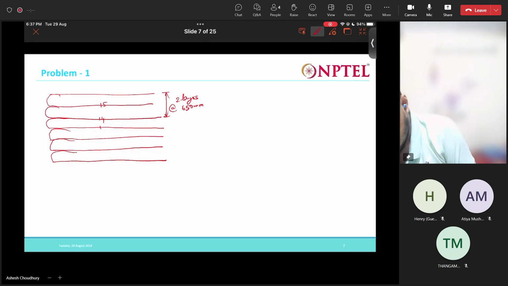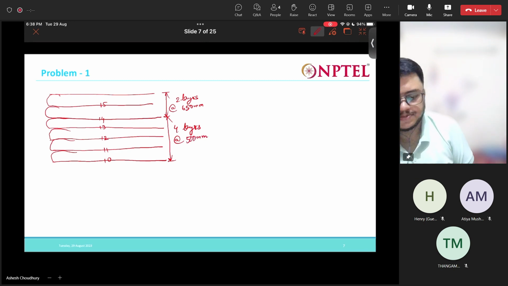Okay, 13, 12, 11, 10. Four layers at 500 mm spacing, and then we have 9 layers at 300 mm spacing, right?